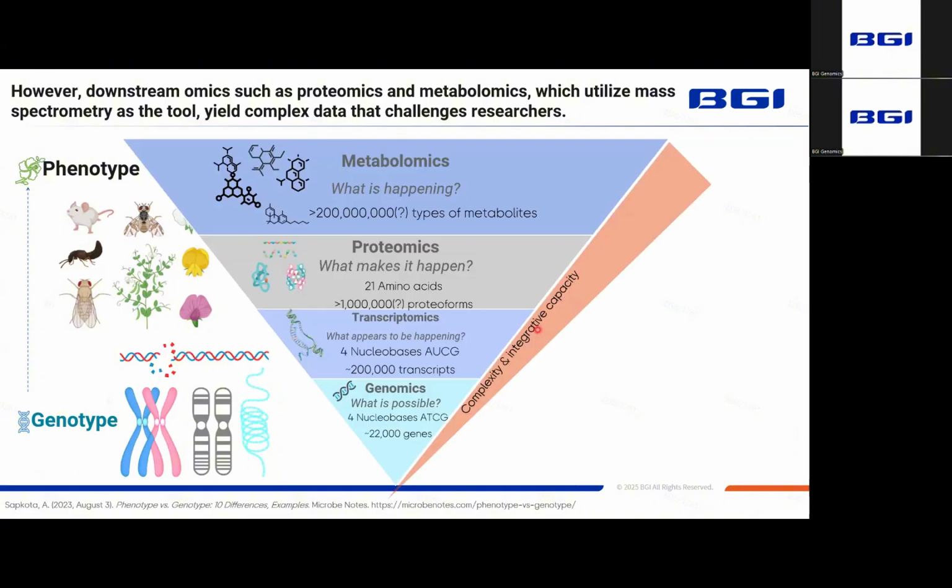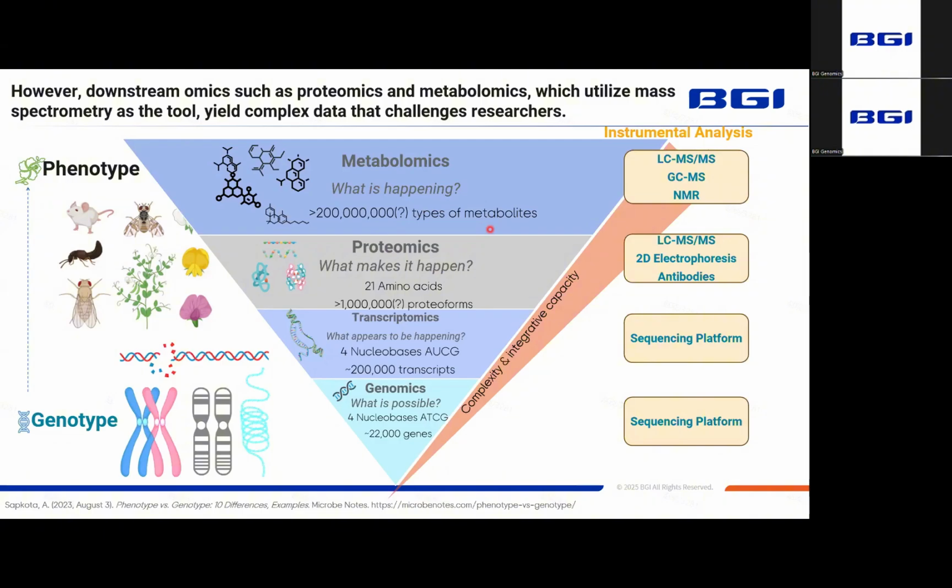On one hand, metabolomics and proteomics are more complex compared to genomics and transcriptomics, with a wider variety of basic structures and the actual types of metabolites and proteins. On the other hand, the mass spectrometry instruments used for these studies generate much larger and more complex data sets, heavily relying on databases for interpretation and analysis.